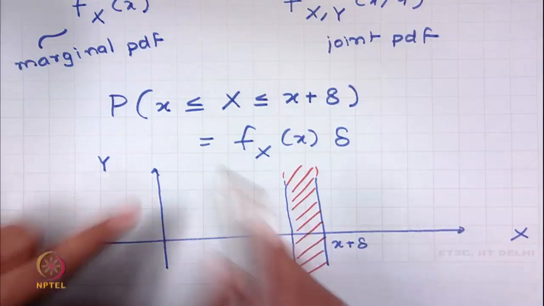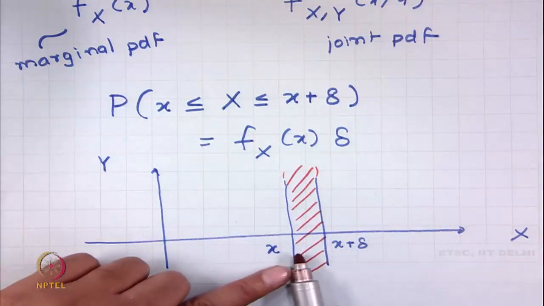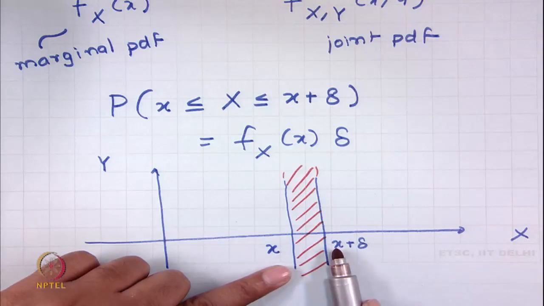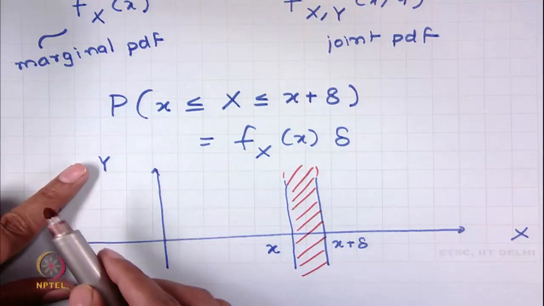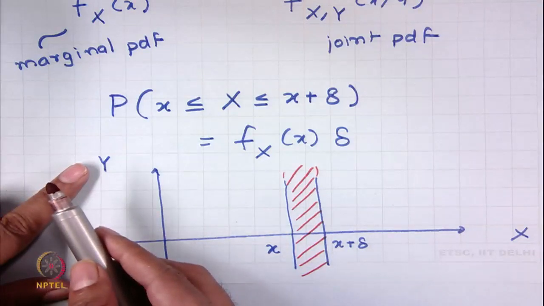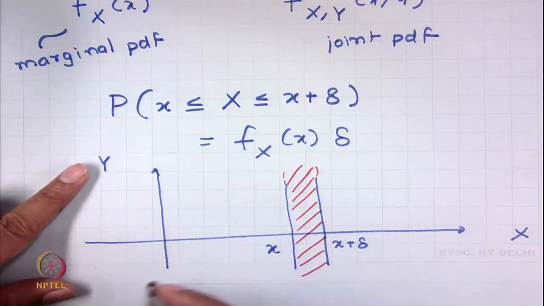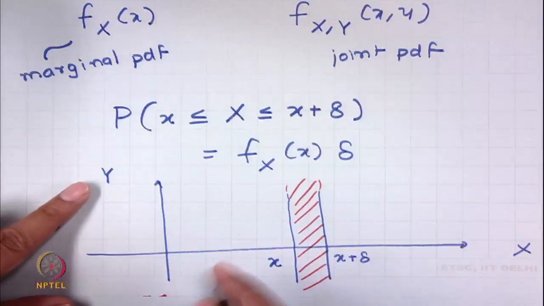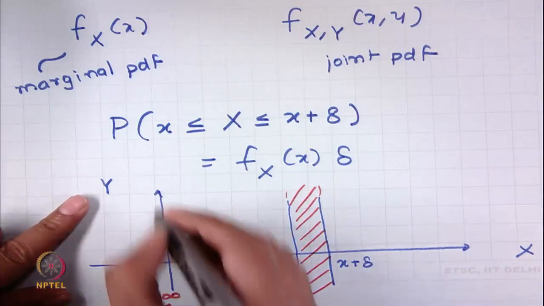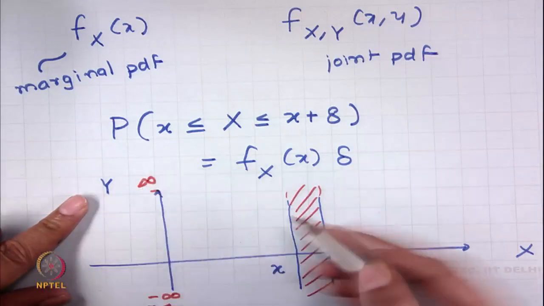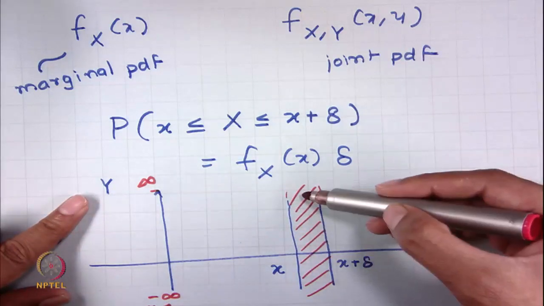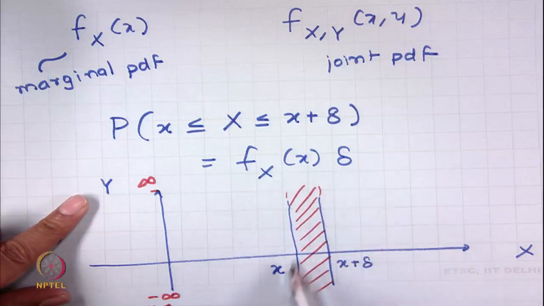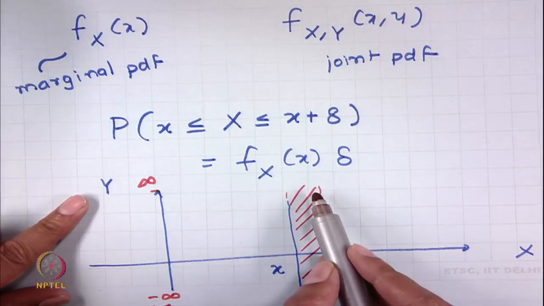So, I am interested in finding the probability that x lies between x and x plus delta, and what are the limits for y? y can take any value between minus infinity and plus infinity, right. So, we have to take all values of y. Okay. So, what you will get is a thin strip like this.